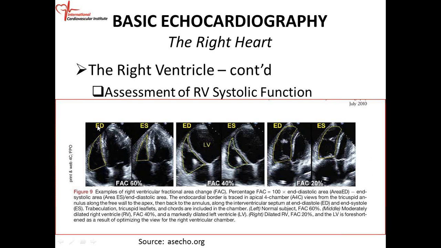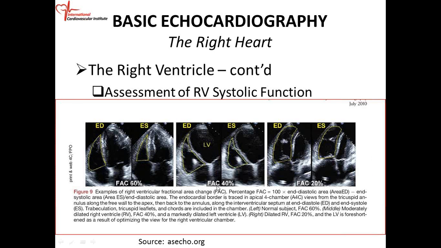You subtract the end systolic from the end diastolic, and then divide it by the end diastolic. In this one, you can see the fractional area change is 60%. That's normal. In this one, you do the same thing, and it's 40%.